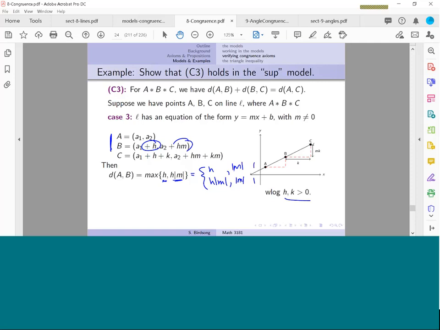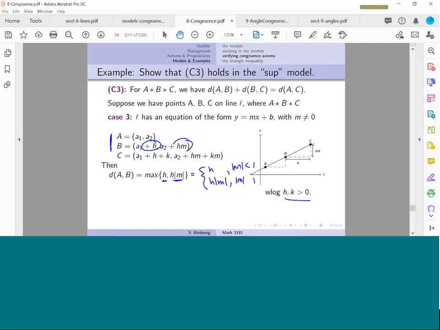When the absolute value of m is bigger or smaller than 1? I see all of these. Okay. It turns out when the absolute value of m is smaller than 1. In other words, slopes between negative and positive 1. That will then shrink whatever h is.